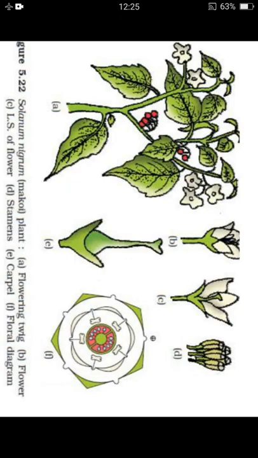Next, the last event in this Solanaceae family in today's class, of course, it is nothing but economic importance. Many plants belonging to this family are source of food. What are those? Tomato, brinjal, potato, chilies, all these are food resources only, and they are included in this family, nothing but called as Solanaceae family.